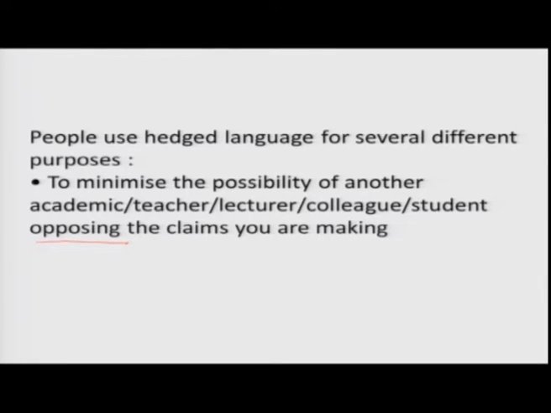It means if you make some claim with a very high level of certainty, then it becomes easier for people to question it. It might be your teacher, your colleague, maybe a student, somebody else working in the same field. They will be able to criticize you, they will be able to point out loopholes in your argument if you make very strong claims.